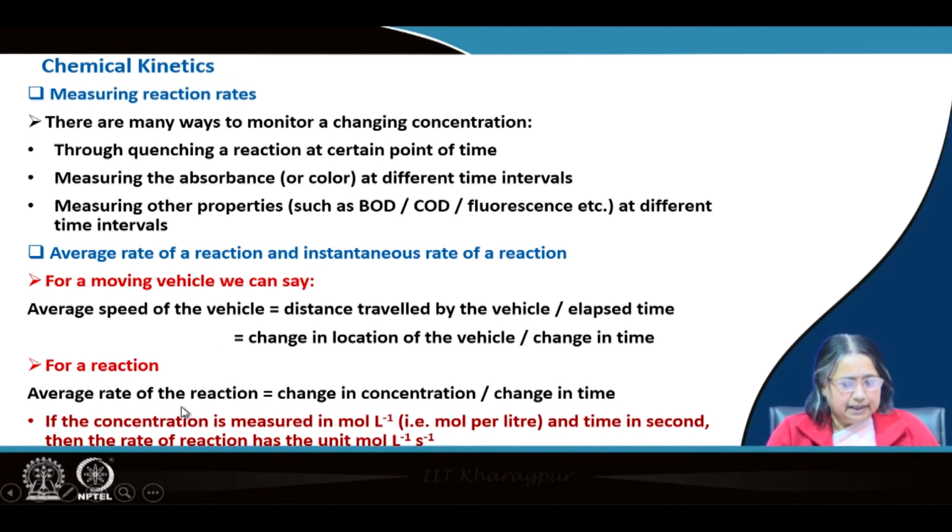Here also the average rate comes into the picture. You take two different times, determine the concentration at the initial time and at the final time, see the concentration difference, and you also know the time passed. So you can easily find out the rate. This is the average rate.